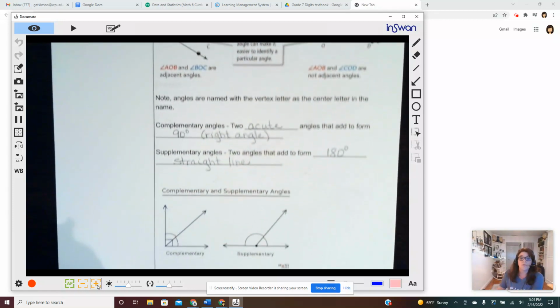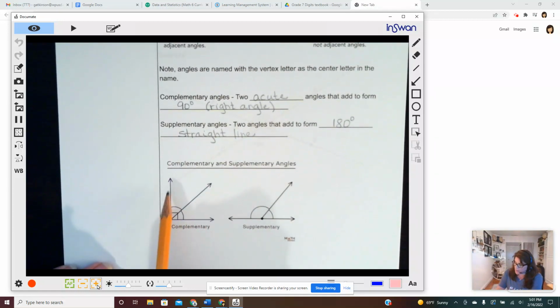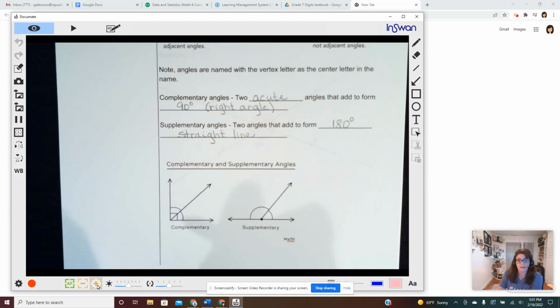Okay, so if you look down here, we have a complementary set of angles. Let's say this angle is 45 degrees and this angle is 45 degrees. They make 90 degrees. Okay, maybe this angle is 40 degrees and this angle is 50 degrees. They make 90 degrees. They do not need to be the same, but together they make 90 degrees. That makes them complementary.